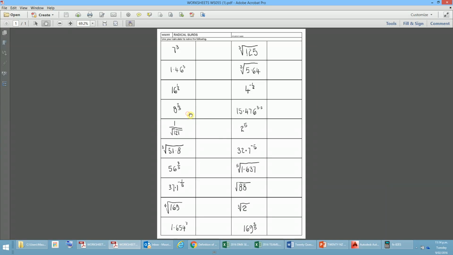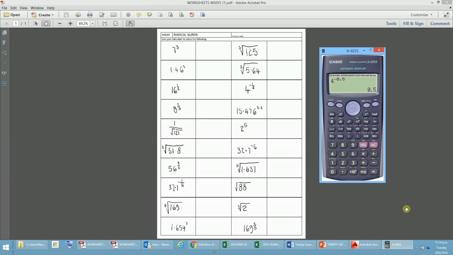Now this one here, oops, I keep getting rid of the old calculator. 8 to the power of 2/3, so that's 8 to the power of, and then we can either go 2 divided by 3, so we can do the arithmetic in the little thing there, and that's 4. That's the cube root of 8 squared.